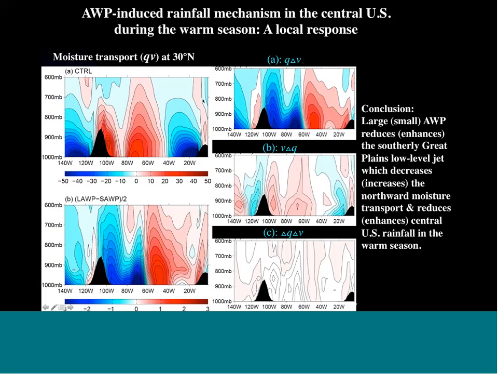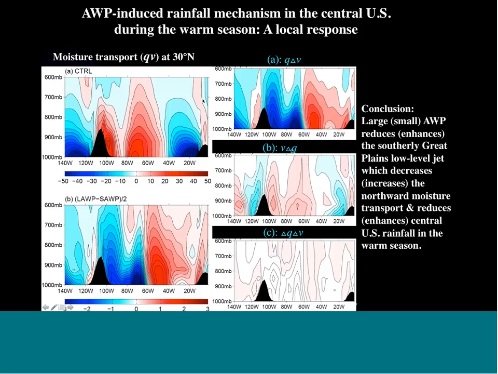And this difference between the large warm pool and small warm pool can be further divided into three terms. The first term is the change due to the mean wind. The second term is the change due to humidity, and the third term is the nonlinear term.